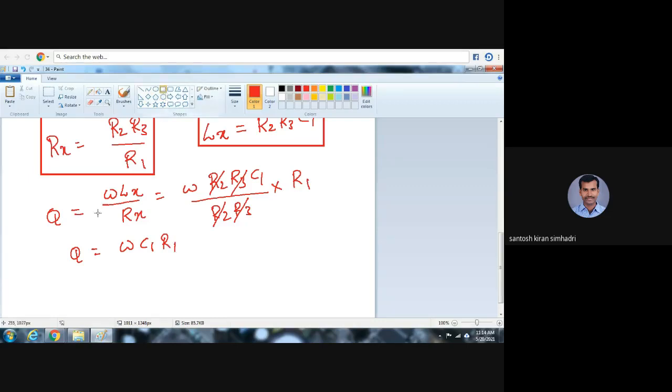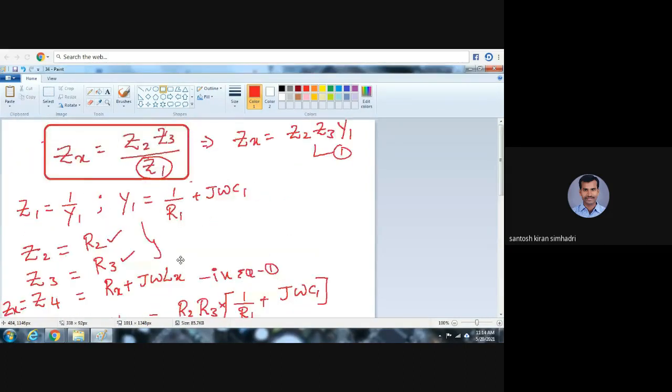So this is nothing but the mathematical analysis of the Maxwell's bridge. That's why I mentioned it in the topic name. Is it clear for everyone? A very simple derivation. Just concentrate on this bridge balanced condition. This is very essential.